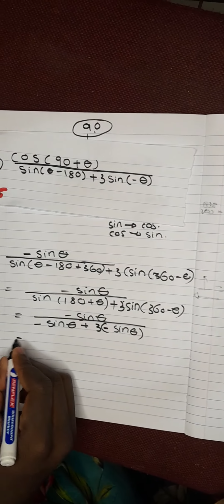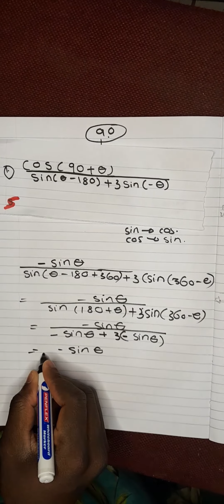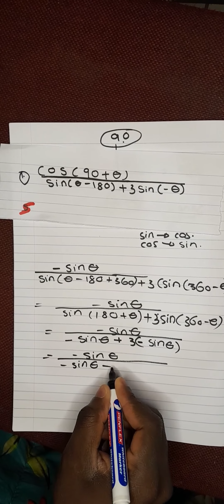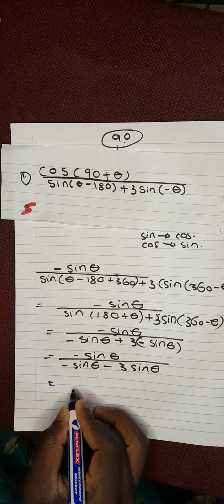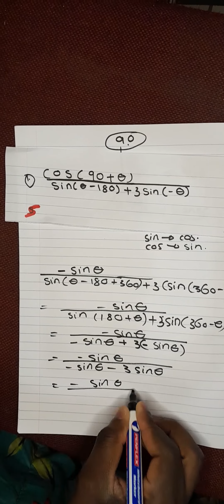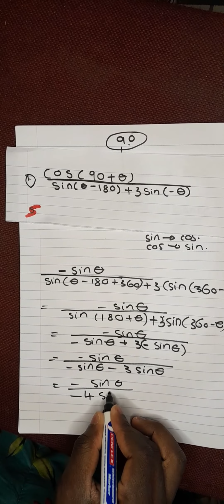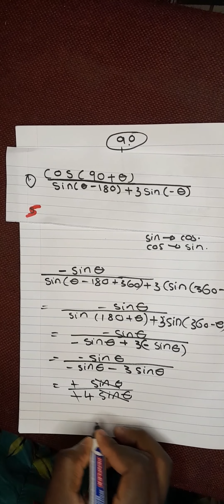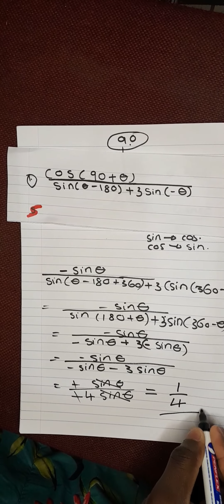Close bracket. When I simplify this, I'm left with negative sin theta divided by negative sin theta minus 3 sin theta, which equals negative sin theta divided by negative 4 sin theta. The sin theta cancels, and the negatives also cancel, meaning my final answer is 1/4.